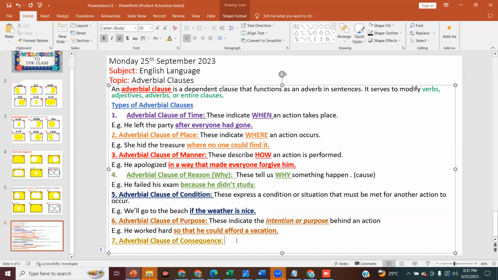These describe the consequence or result of an action. So if you do this, what's going to happen?